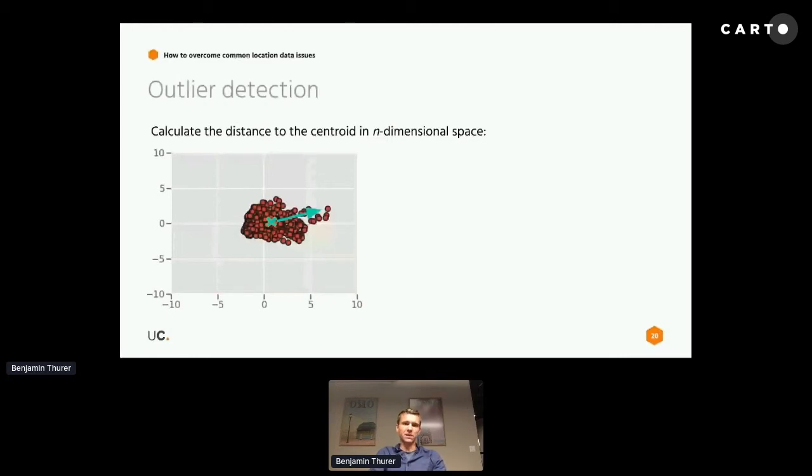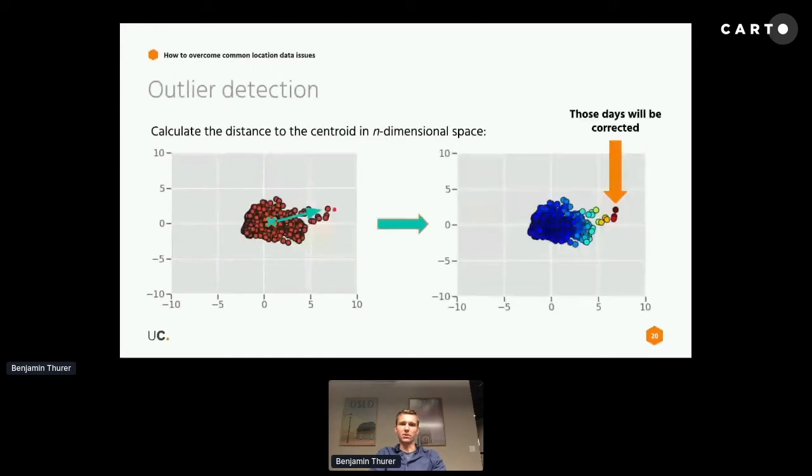Everything which is very far away from the centroid of the cloud is something we believe might not be 100% behavioral. This is something we want to correct for. That's, simply put, what we are doing.